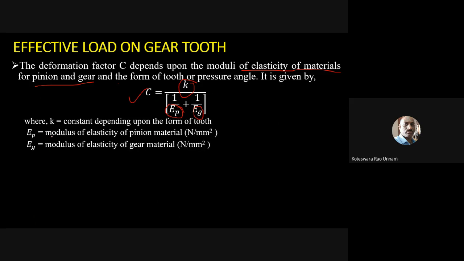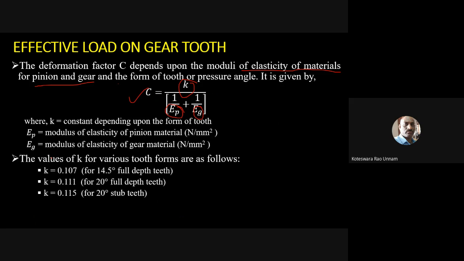So that K value is going to be 0.107 for 14.5 degree full depth teeth, 0.111 for 20 degree full depth teeth, and 0.115 for 20 degree stub teeth. So once you know this K value, and if you know the Young's modulus or modulus of elasticity of gear and pinion, you can substitute into this equation. From that equation, you will get the C value.